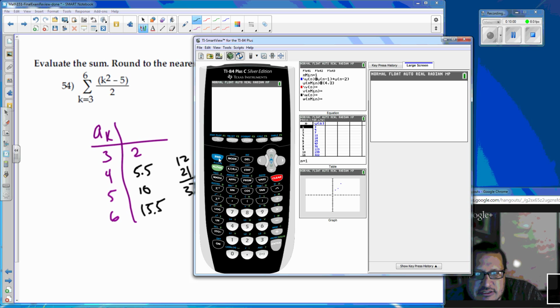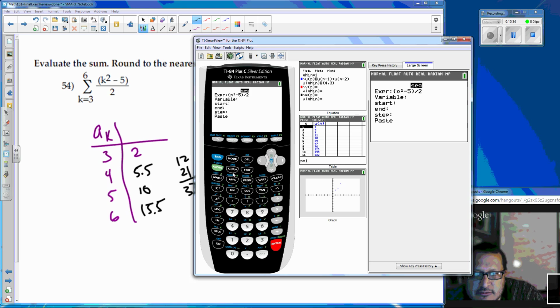So what we're going to do is make a sequence. Five. Our expression is n, in parentheses n squared minus 5 divided by 2.